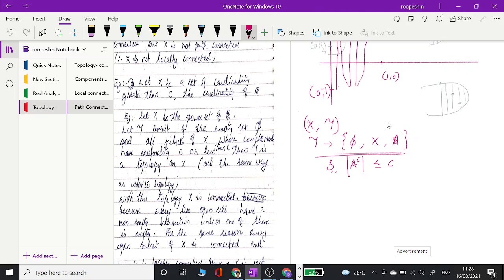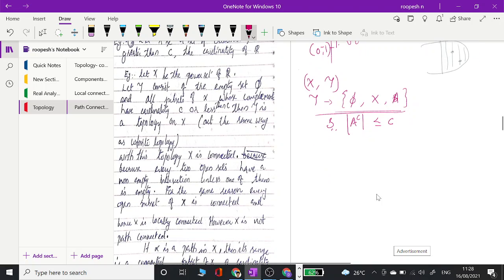Then it's a topology. It acts the same way as the cofinite topology, but in the cofinite topology the complement is finite, whereas here the complement cardinality need not be finite. It should be C or less than C. With this topology, X is connected.